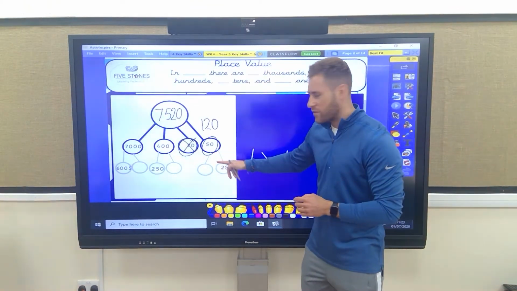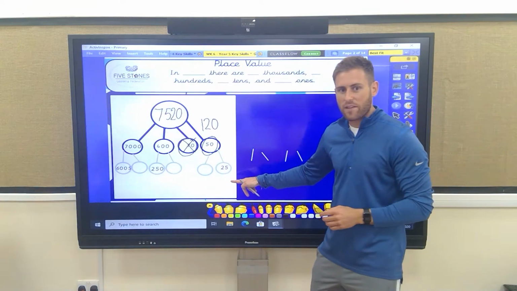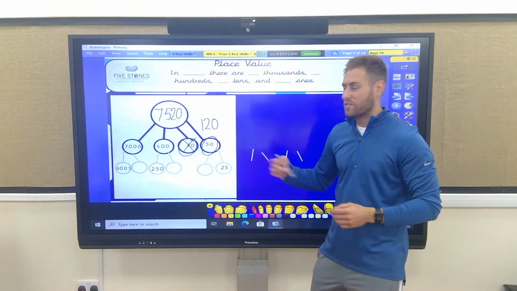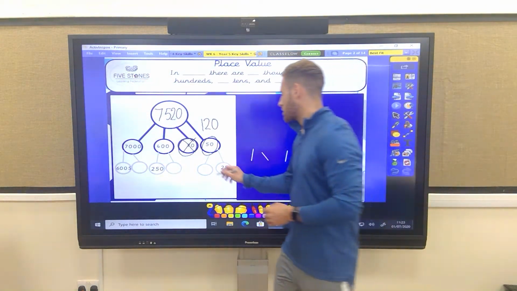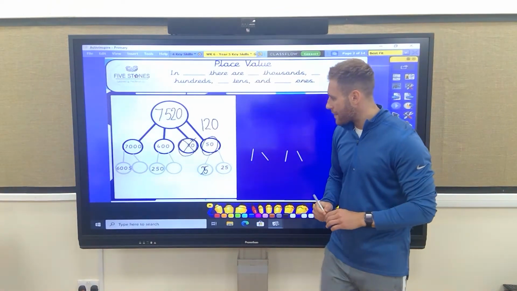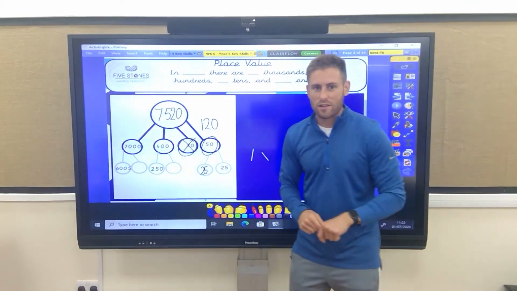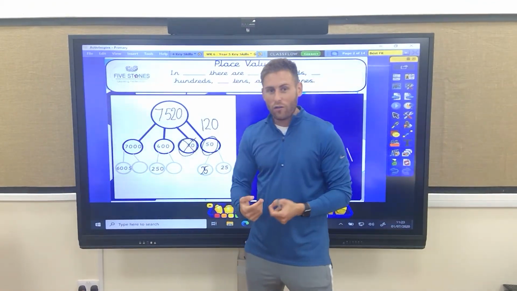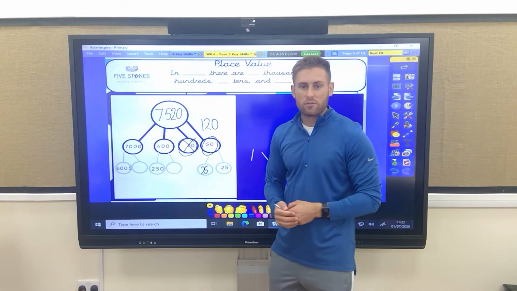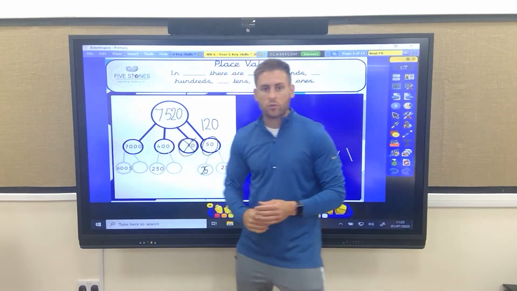I didn't cross out the 50 just because we need to see it to complete this part. So 50 and the 25, you should know that half of 50 is 25, meaning that we actually need 2 lots of 25s to get us to 50. Then we have 6,005 to get us to 7,000. So if we take 5 off 7,000, or we could count up, it's up to you.